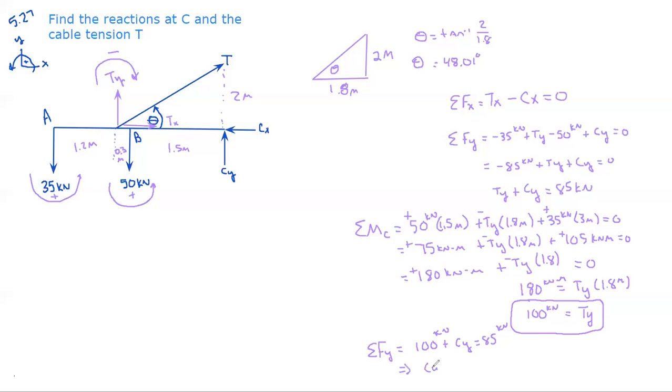You get that CY is equal to negative 15 kilonewtons, which is an indication that I have assumed the wrong direction for CY. So I'm going to rewrite it as CY is equal to 15 kilonewtons, and it is going that way.